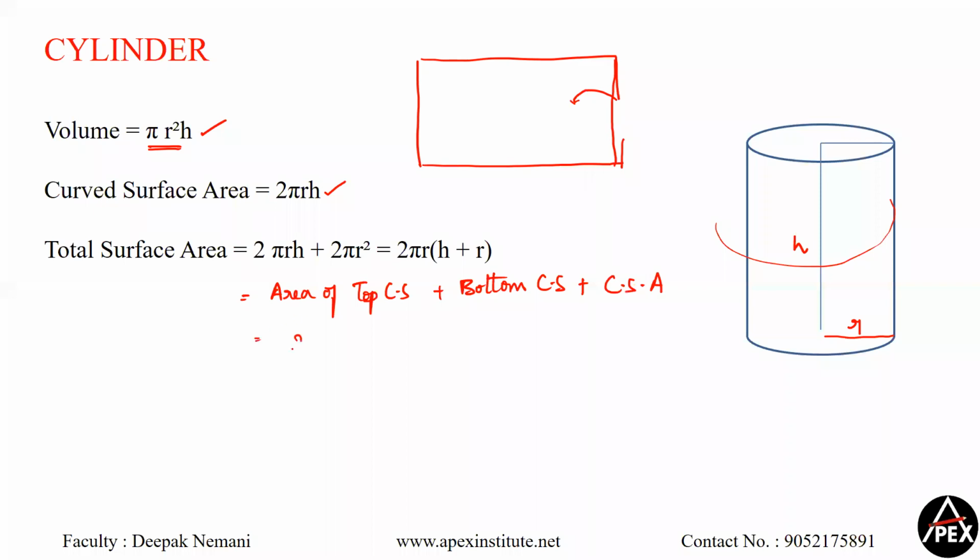Now curved surface area is 2 pi r h, and area of the bottom cross section will be pi r square and top cross section will be pi r square. So it will be 2 pi r into (h plus r). So these are the formulas you have to remember with respect to cylinders.